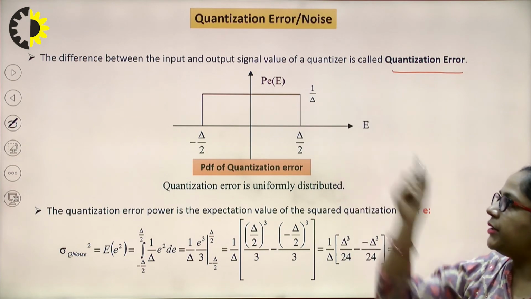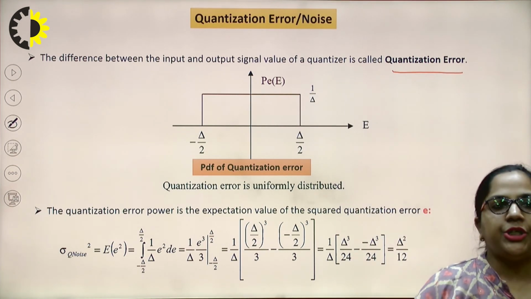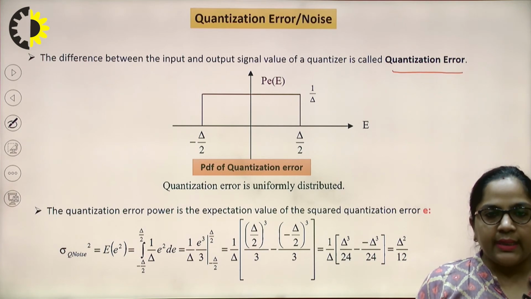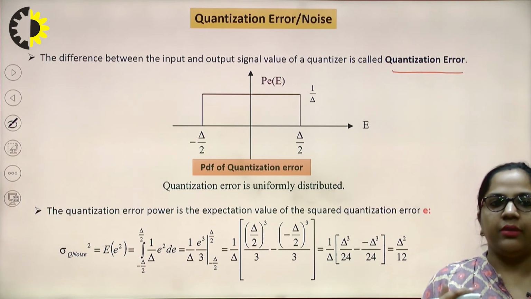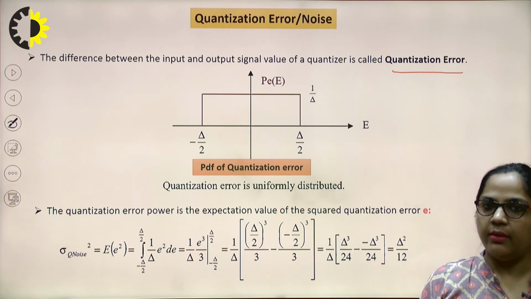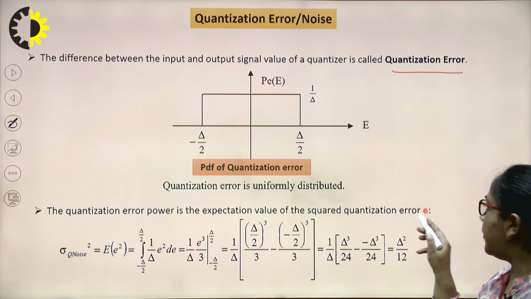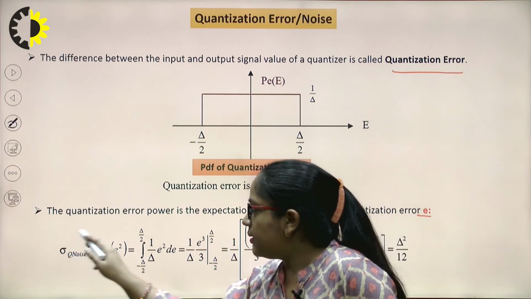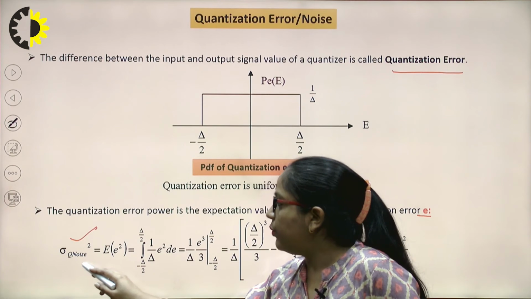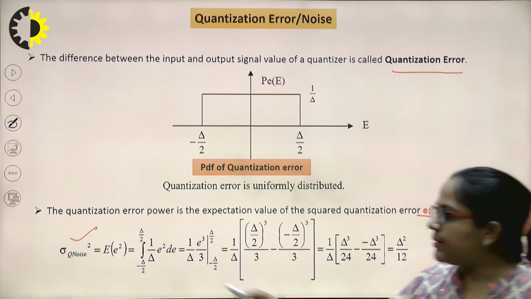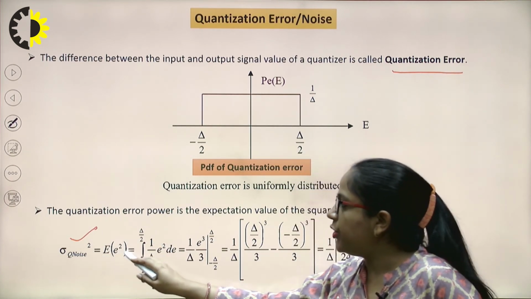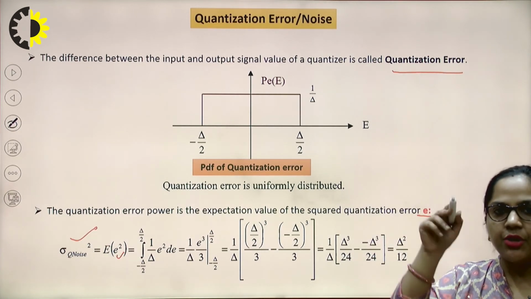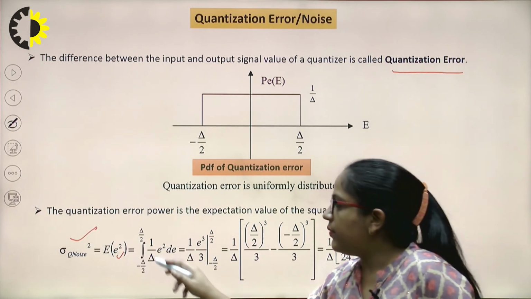The quantization error power is the expectation value of the squared quantization error, which we represent with a small e. So the sigma squared of the quantization noise is equal to the expectation of e squared.